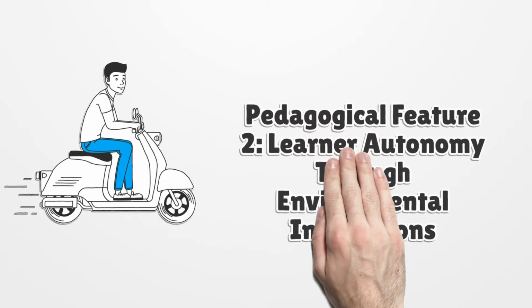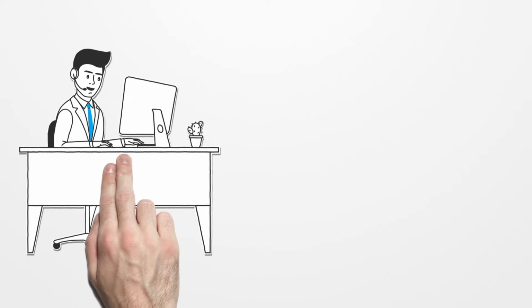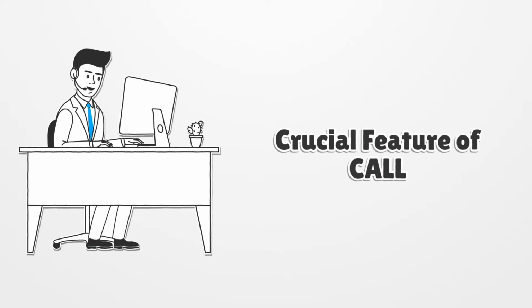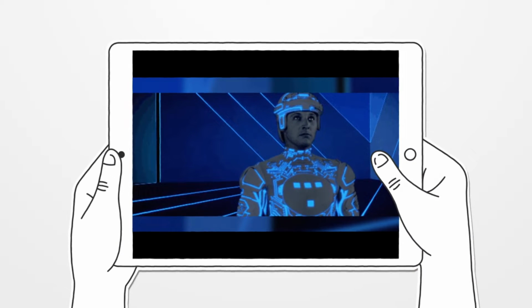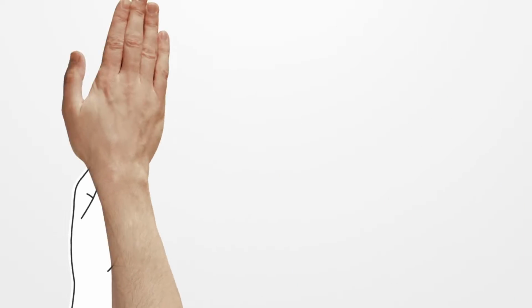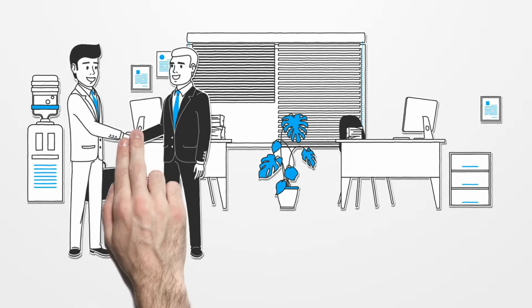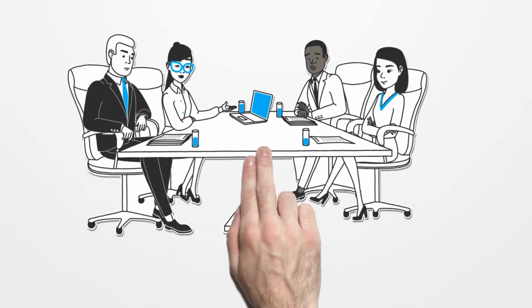So the next thing I want to talk about is perhaps in direct contrast to collaboration, and that's learner autonomy. This language is often used synonymously with computer-aided language learning because it's about giving agency to the learner. But it's different and arguably better in VR because when you're in a VR space, you're essentially negotiating meaning when you interact with the environment, which creates stronger connections during the learning process.